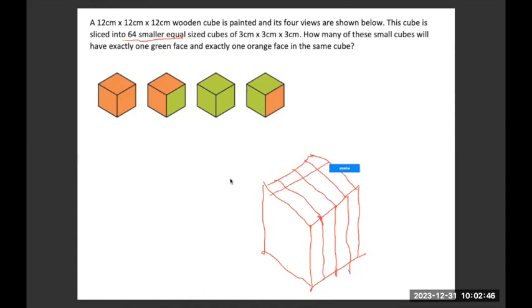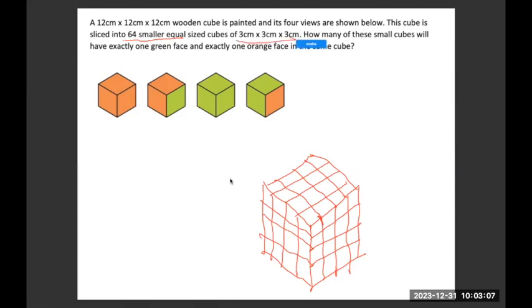Along another direction, I'll be slicing it into 4 equal parts like this. And then along another direction, I'll be slicing it into 4 equal parts. Okay. This is how that cube is divided.